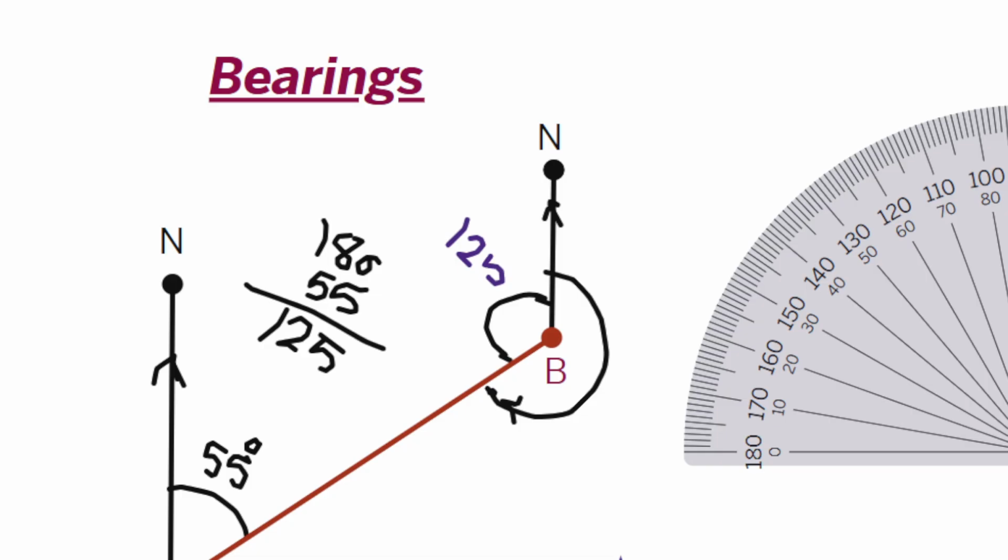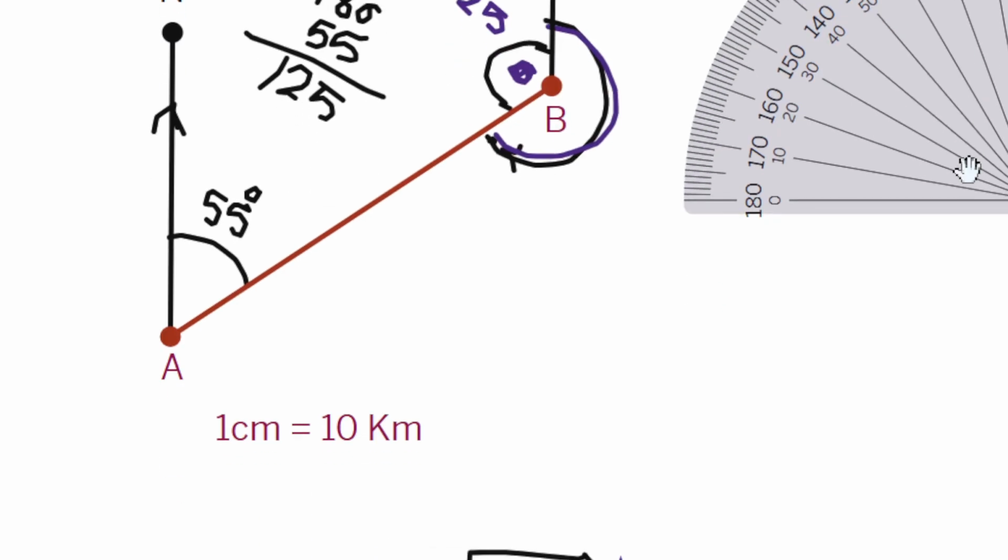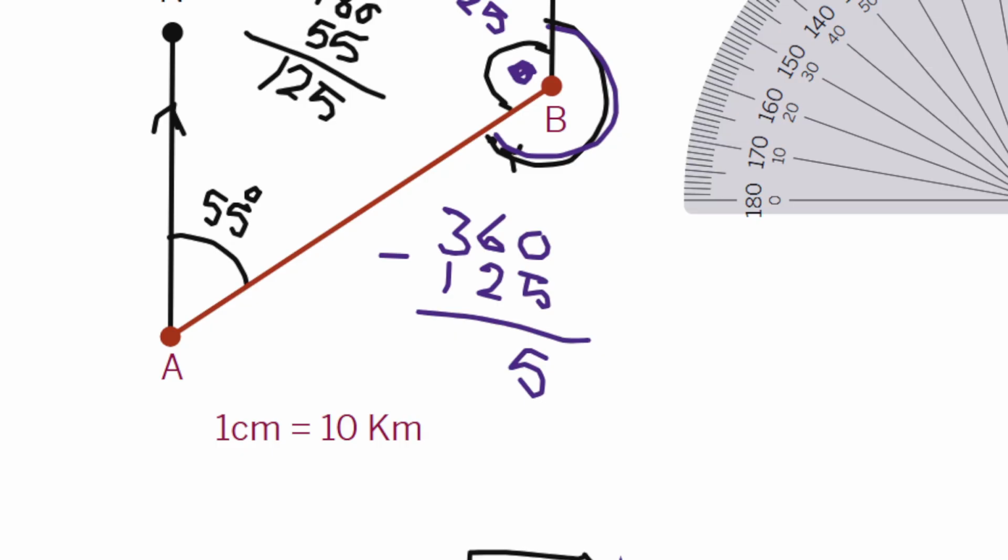And if you know this is 125, then you can tell what the one outside is. It will just be 360 minus 125, right? So 360 minus 125 gives you 235.